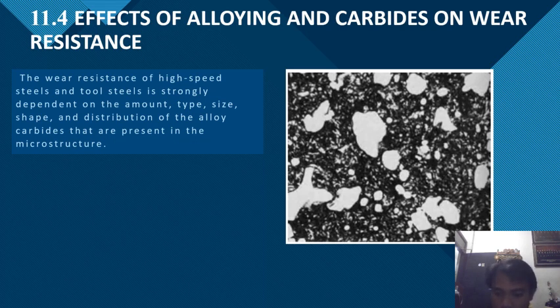The alloy carbides that appear in the tool steel microstructure serve a purpose that is comparable to the function of wear-resistant cobblestones in a road. They provide a very hard contact surface area that is extremely resistant to abrasion and wear.